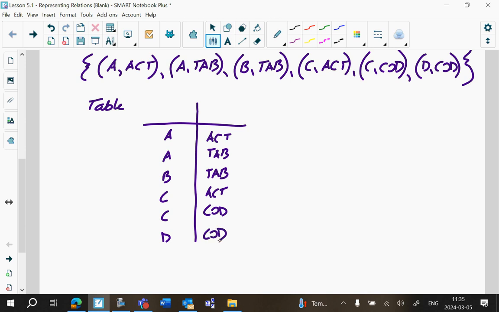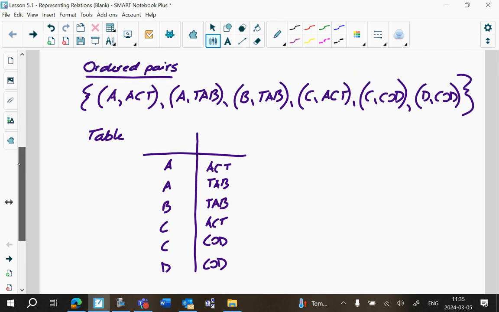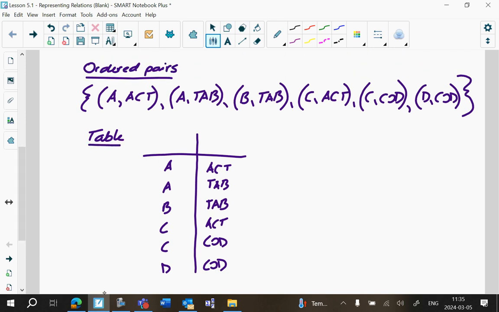It's another way you can show a relation. A graph. Okay. It would probably be hard to graph this. But we could do it. We will be doing more graphs with numbers.